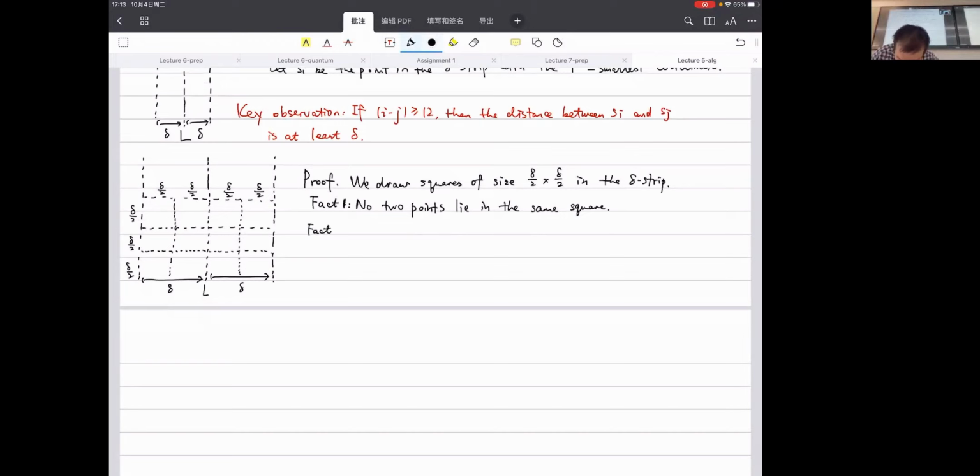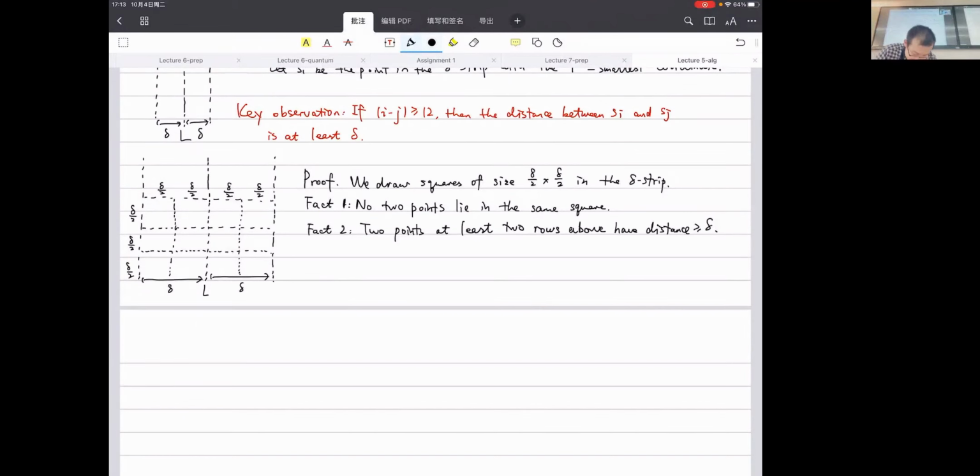And the second fact that we are concerned with is that two points at least two rows apart have distance at least delta.